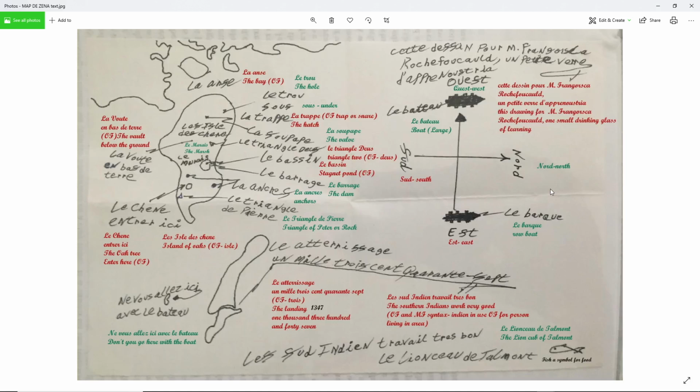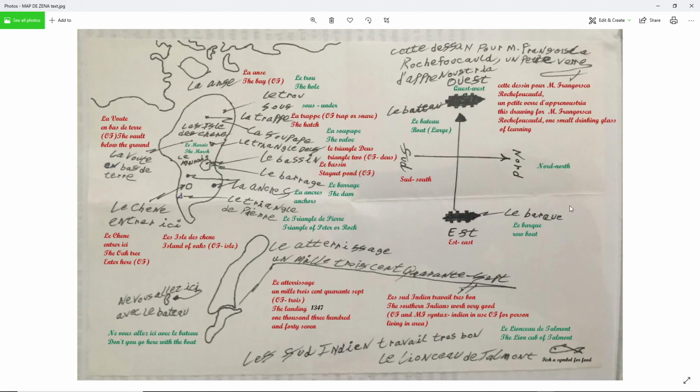And one of the things that I did was an analysis on the words in this document, and they fit with Middle French because it's a mixture of Old French and Middle French.